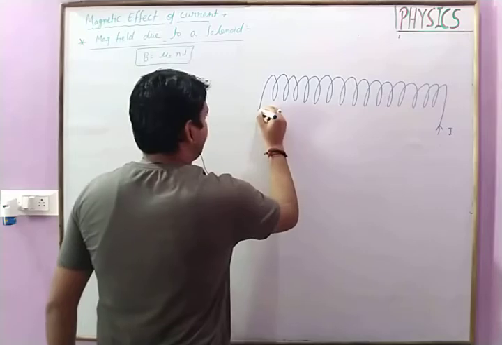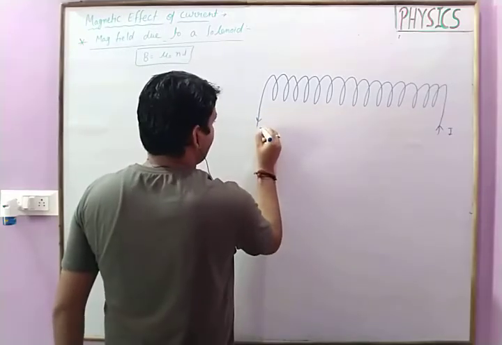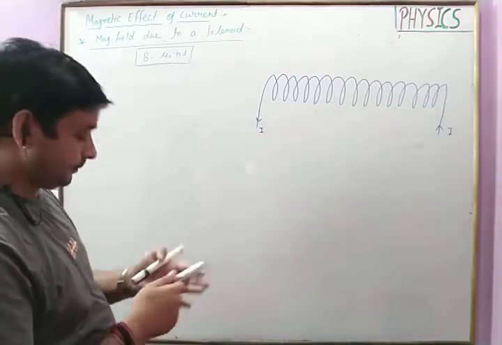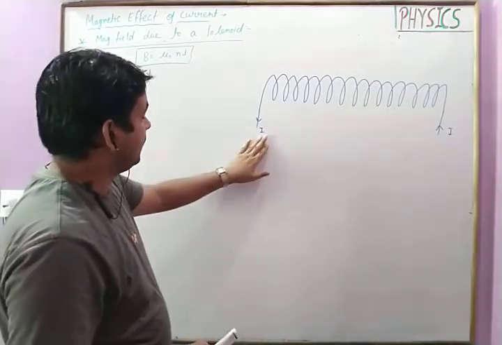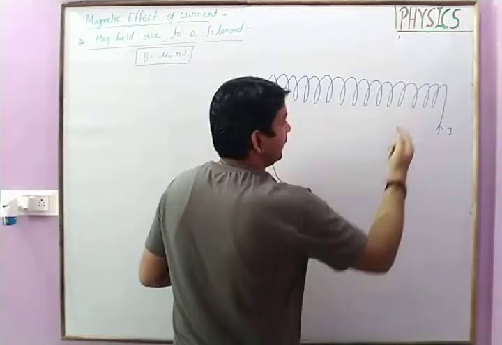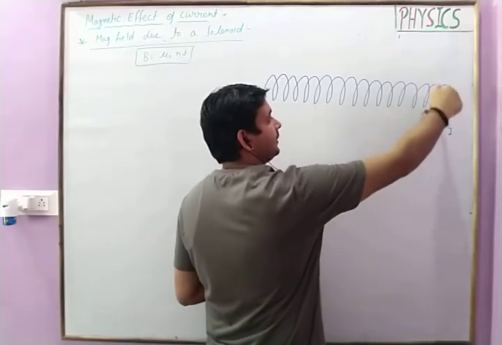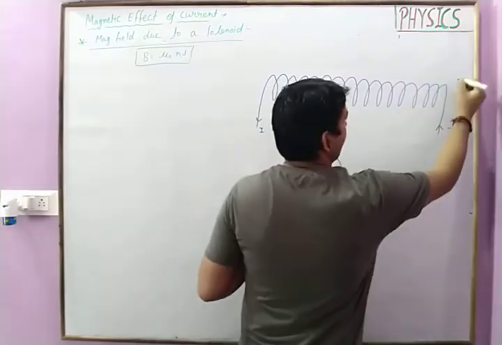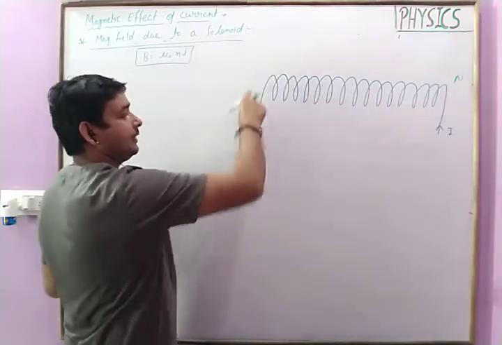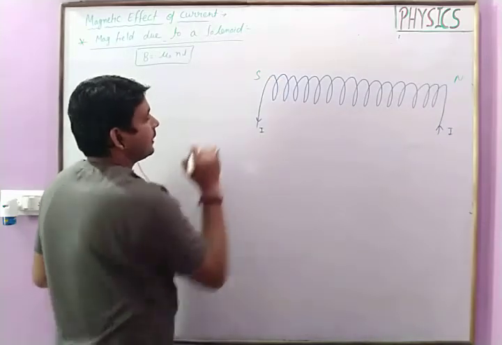if current is moving in from one end of it and from the other end the current is outgoing from the solenoid, then the end from which the current is moving in behaves like a north pole, and where the current is out from the solenoid behaves like a south pole.